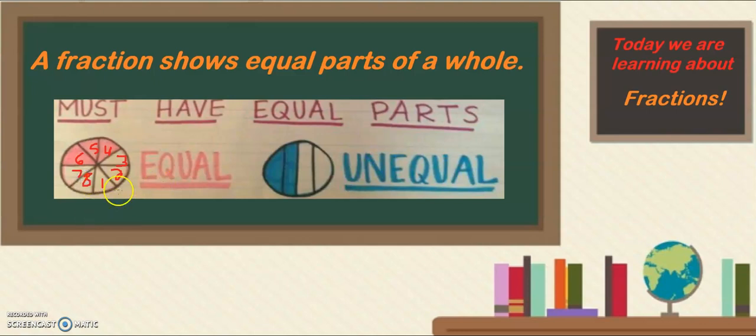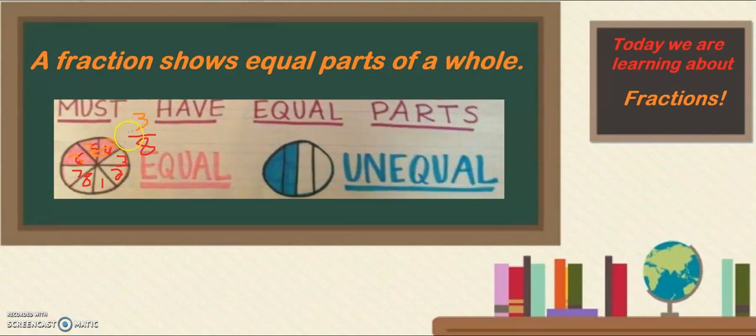So our denominator would be 8. And how many are pink? 1, 2, 3. 3 out of 8 pieces of this circle are pink.